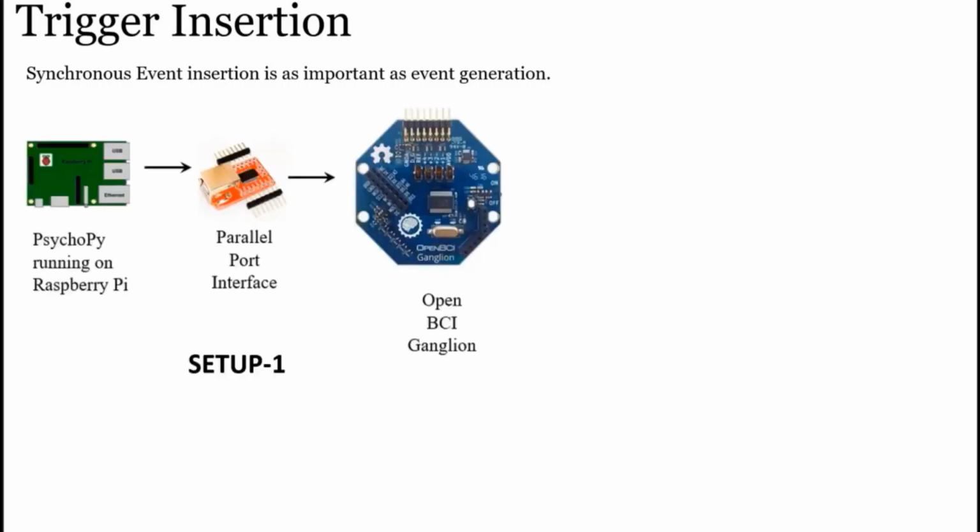So there is one proposed setup which we have used. OpenBCI Ganglion, just consider that as a recording device. It's a 4-channel device which has signal conditioning and finally the analog to digital converter, followed by a Bluetooth transmitter.